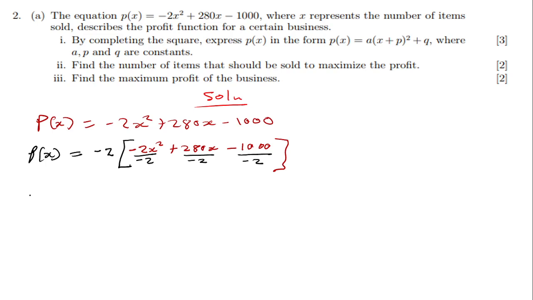So when we factorize that, we now have negative 2, and then our next step: negative 2x squared divided by negative 2 will give us x squared. Then negative 280 divided by 2 is simply 140x. Remember that negative has affected the positive, so that one will be plus 500.